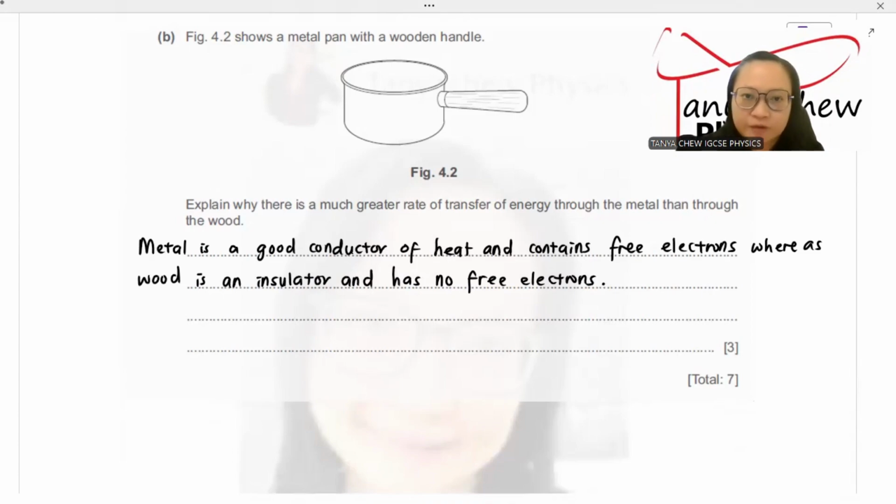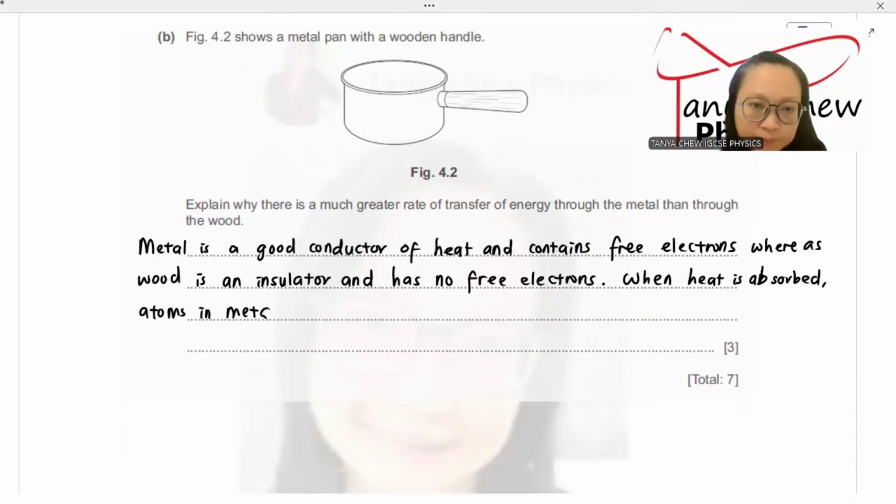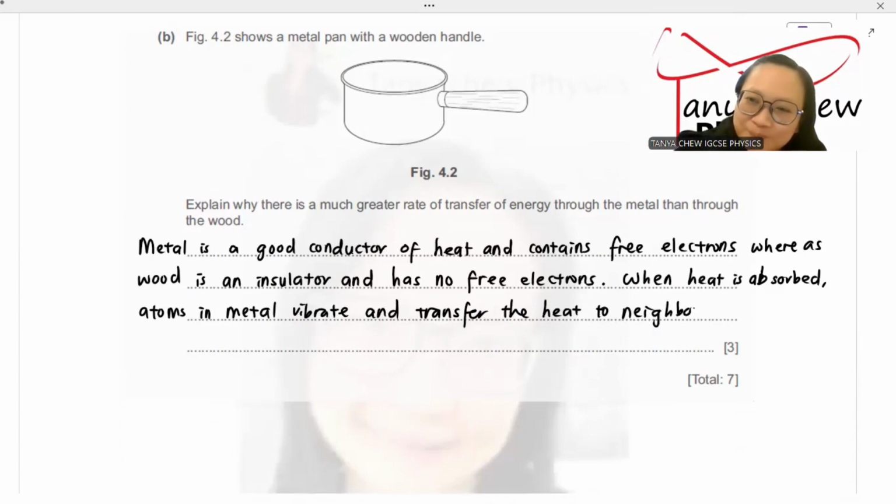Now, I explain in terms of the heat transfer. When heat is being absorbed, atoms in metal vibrate and transfer the heat to neighboring particles.